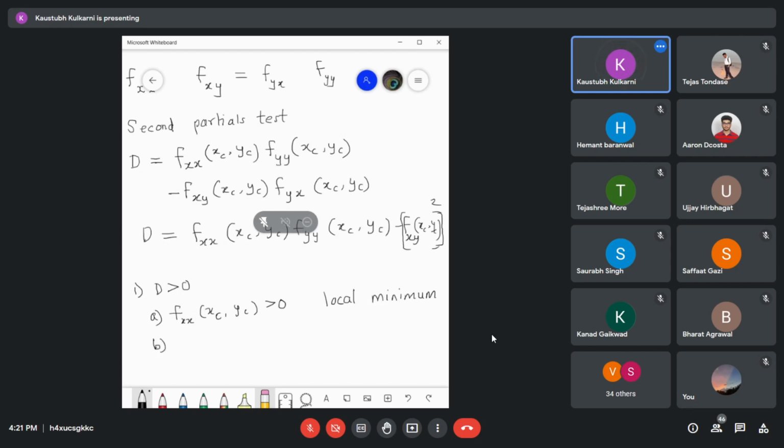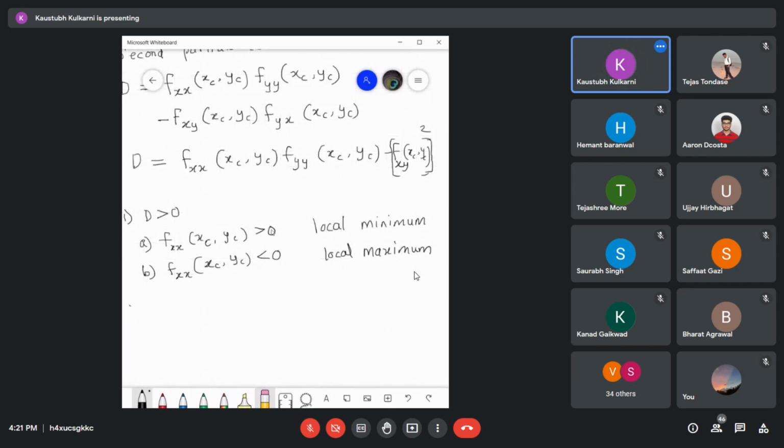The second possibility is if f of xx is less than 0, then it is a local maximum at xc comma yc.